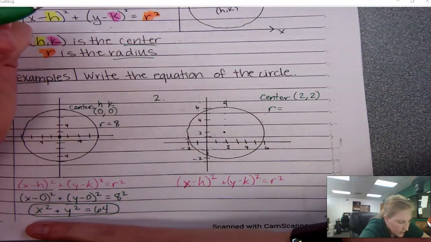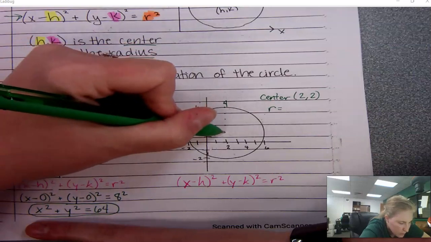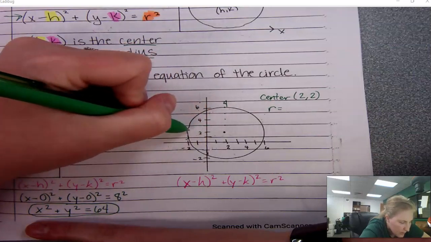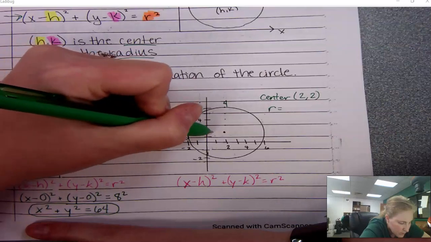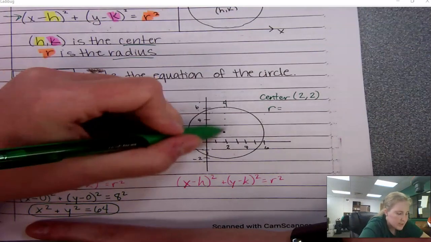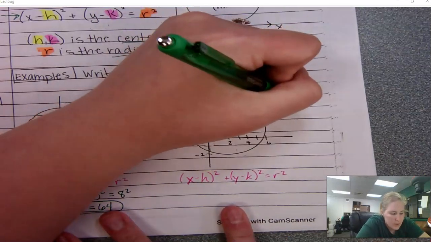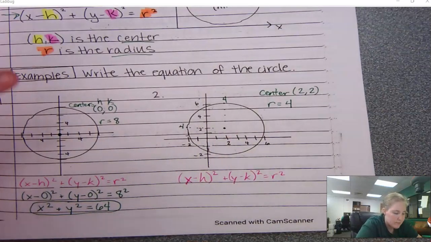So it goes up 4 this way. Let's make sure it's the same this way. From 2 to 1, 2, 3, to negative 2 is also 4. Okay, so yeah, the radius is going to be 4 units long. And you just have to be able to look at these and count them to see.